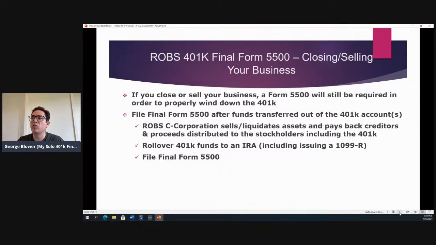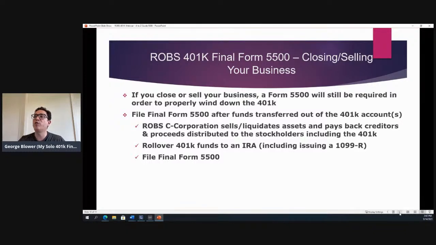So let's touch on another common topic that can come up in the context of someone that's closing or selling their business. Again, we're talking here about entities that have funded their business via the ROBS 401k. Sometimes you get to the point where the business is sold or maybe just wound down. It's important to recognize that the Form 5500 filing requirement is still going to apply.